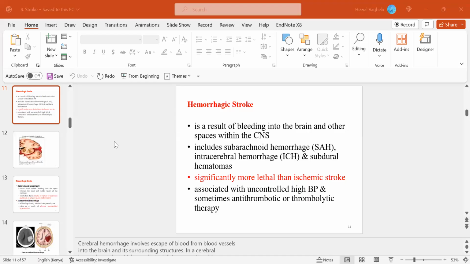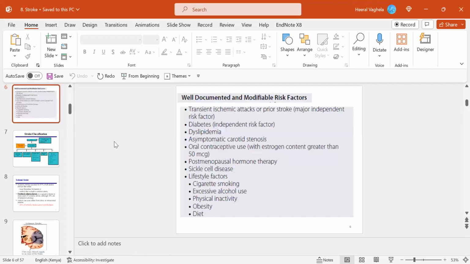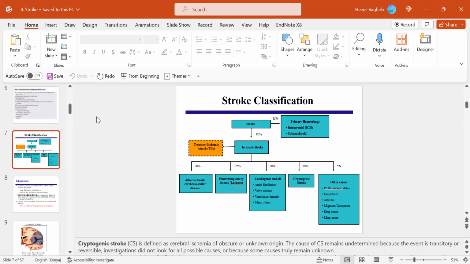So like I said here, there are different classifications of stroke. For hemorrhage, it's intracranial and subarachnoid. With ischemic stroke, atherosclerotic cerebrovascular disease is one of the main ones.